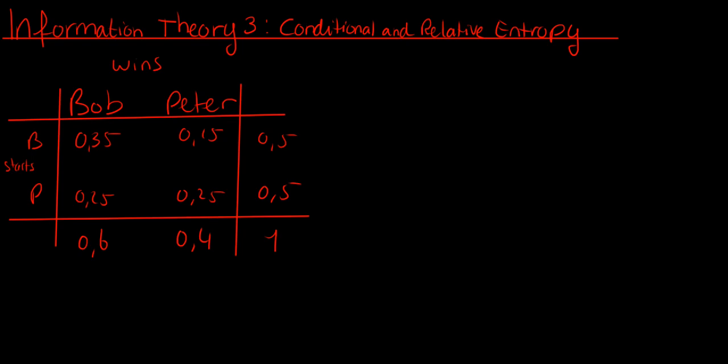And everything adds up to 1, as is always needed with probability. Now, if we look at these entropy values, we can calculate the entropy of X, where we say that winning is called X and starting is called Y. If we calculate the entropy of X, of winning, then we look not at any value in the table, but at these marginal values, because this just says something about the distribution in winning and nothing about starting.